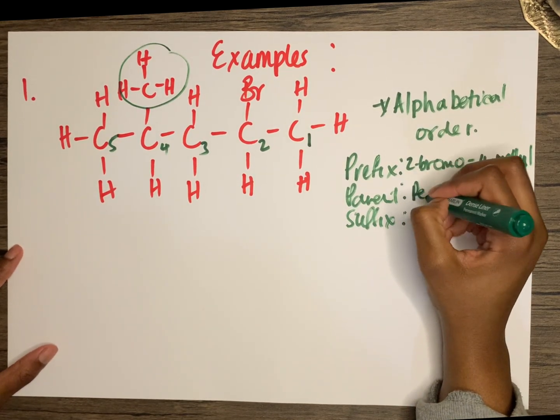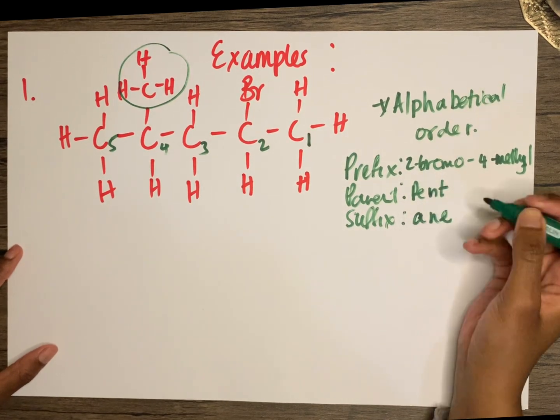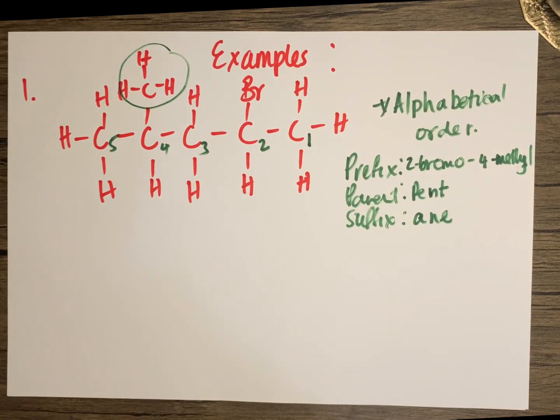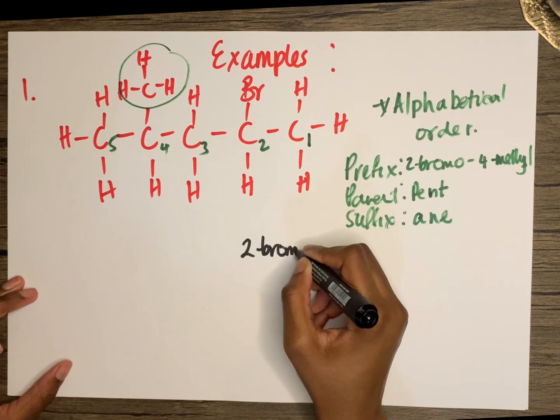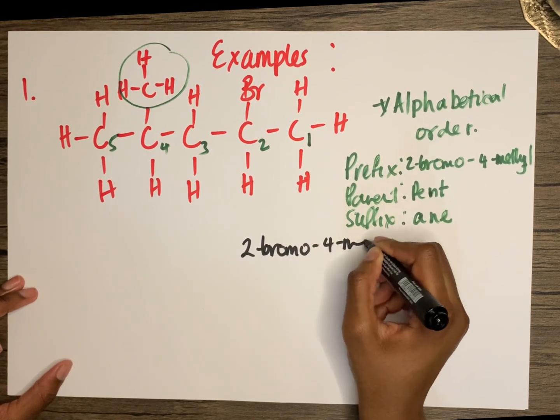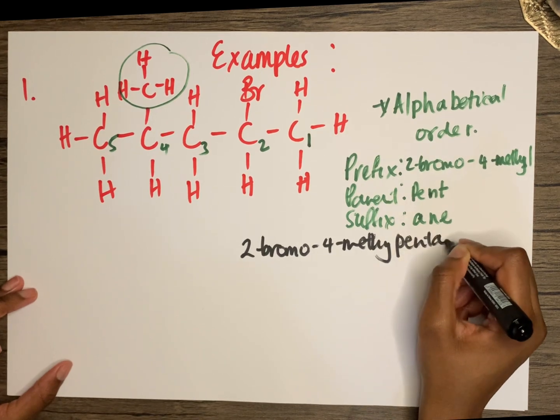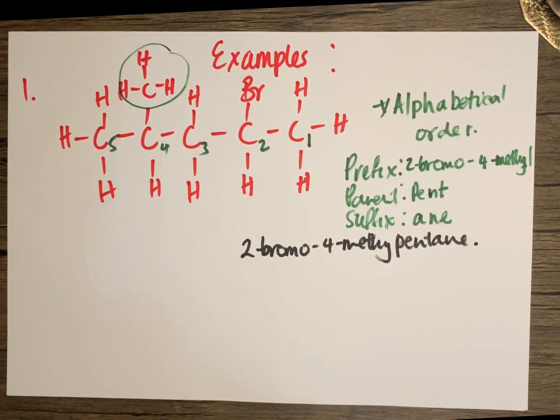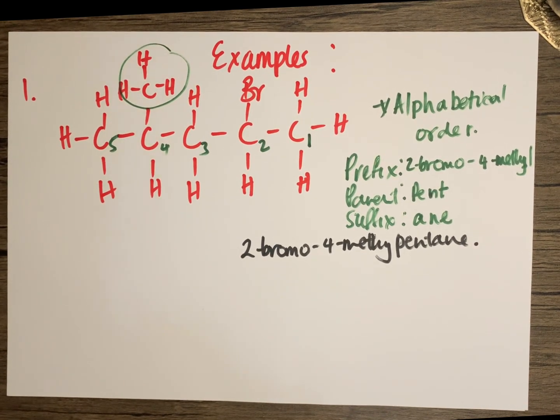Parent is pent, and it's an alkane. So when I write down the full name, full IUPAC name, 2-bromo, 4-methyl, pentane.